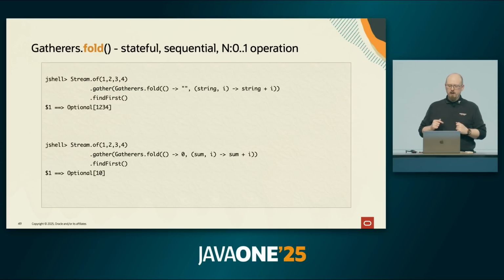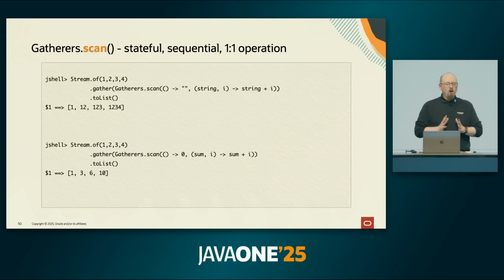But the same operation with ints and 0 instead of the empty string, you would get a summation of these values. So folding is super useful, and it allows you to define a different result type or output type compared to reduce, where reduce is more restricted.